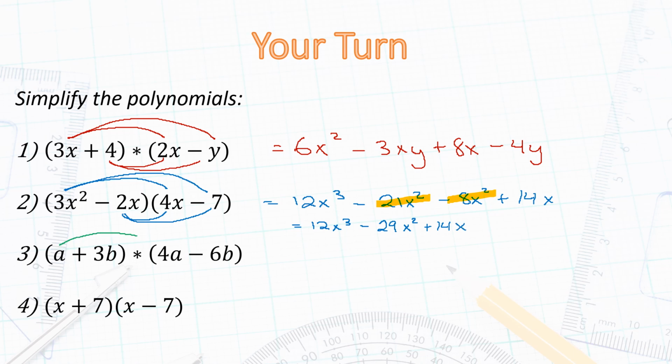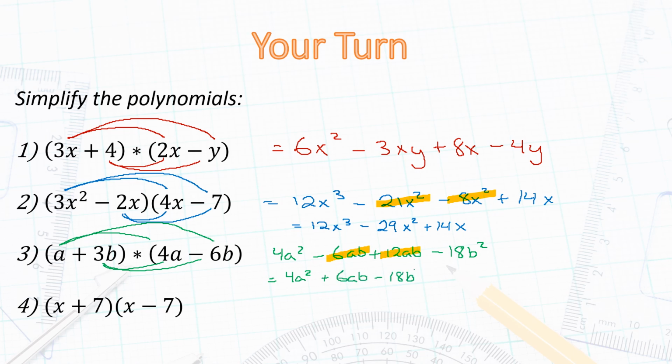Third one, a times 4a, 4a squared. A times minus 6b, minus 6ab. 3b times 4a is plus 12ab. And then 3b times minus 6b is minus 18b squared. Got matching terms in the middle there. So I've got 4a squared plus 6ab minus 18b squared.